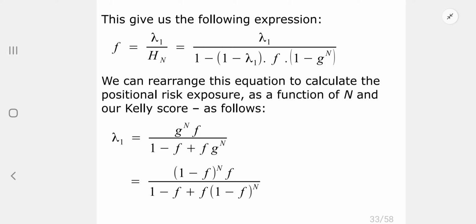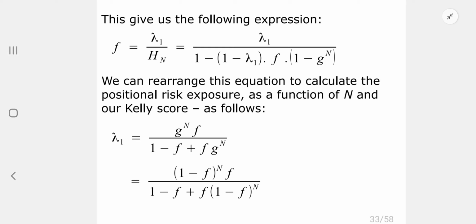This gives us the following expression. Small f equals lambda 1 divided by Hn, which equals lambda 1 divided by (1 minus (1 minus lambda 1) times (1 minus g to the n)).